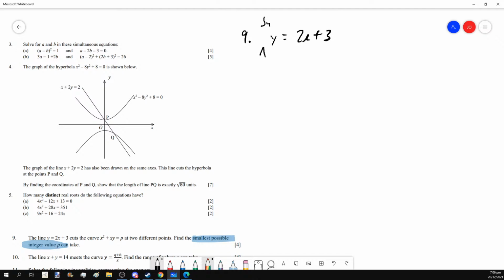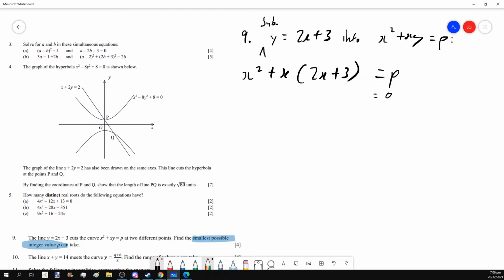So let us sub this into the graph of x squared plus xy equal to p. This will give us x squared plus x times y, which has now been replaced, equals p. From here, we will rearrange this, and you should get 3x squared plus 3x minus p equal to 0.